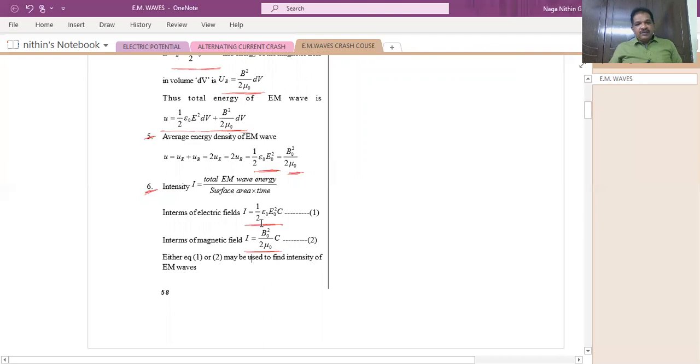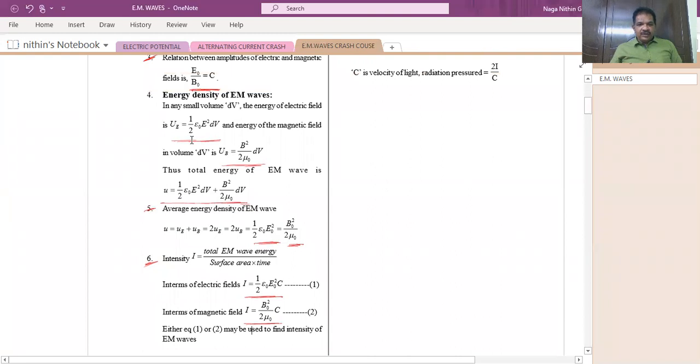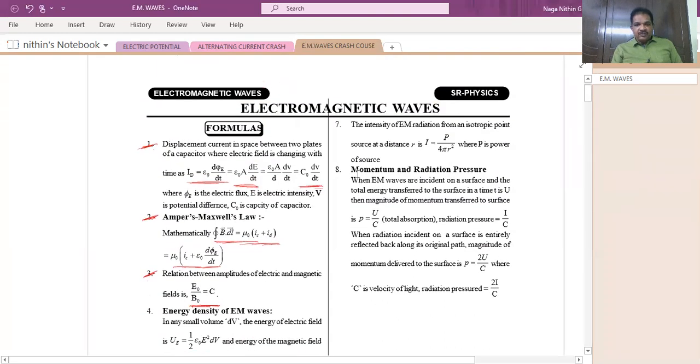Either we can use this one or this one to find the intensity. The energy created by the electric field and the energy created by the magnetic field are equal in magnitude. So B square by 2 mu naught dV gives the same value as 1 by 2 epsilon naught E square dV.